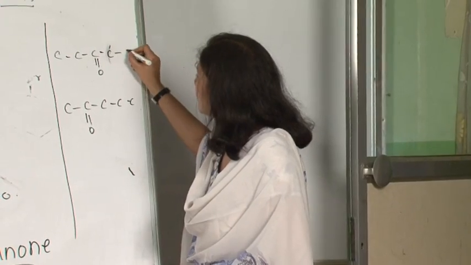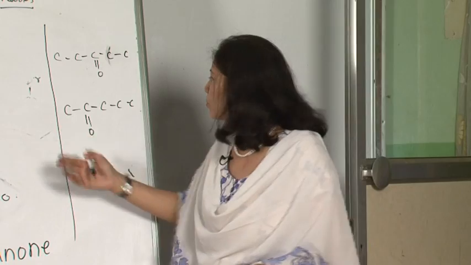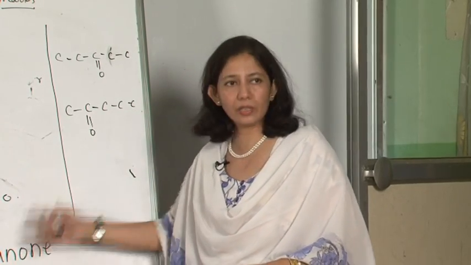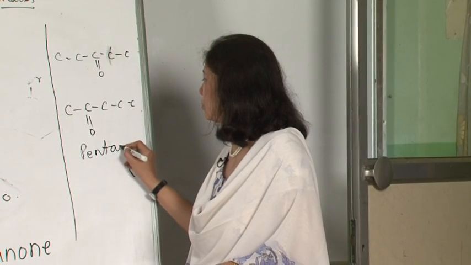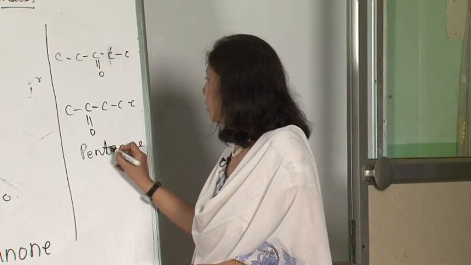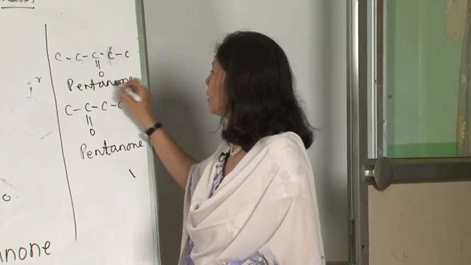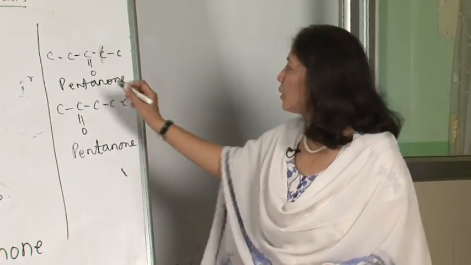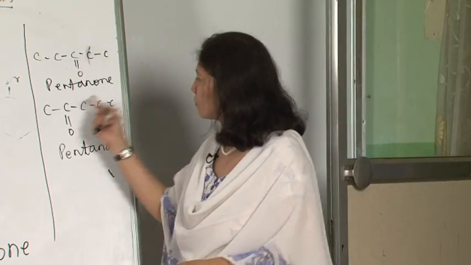Now in this case, can I give the name to this part? There are 5 carbon atoms, alkanone, so the word goes as pentanone. 5 carbon atoms, it is a ketone, the word goes as pentanone. How do I distinguish this pentanone from the upper pentanone? Now here you see the position of the keto group. So this one is in the 3rd position, this one is the 2nd.